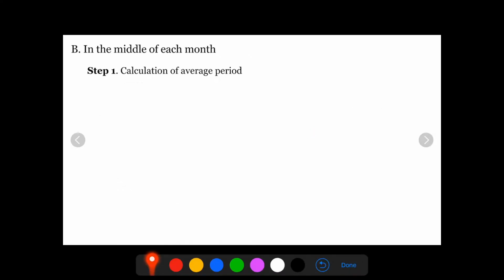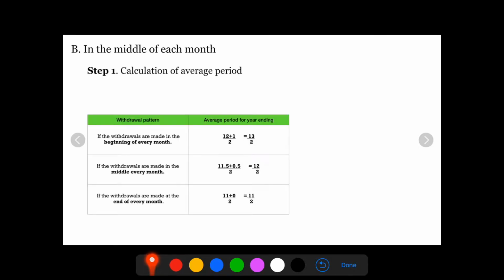Now let's proceed with the second scenario. The second scenario is in the middle of each month. So middle means 15th. Step 1, calculation of average period. What is the formula for calculating average period if the withdrawal is in the middle of every month? We already have a chart with us.